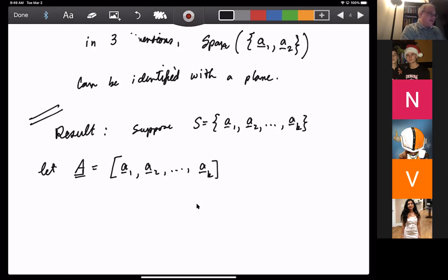The notation here, hopefully it's not confusing.